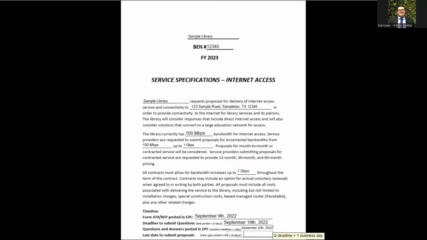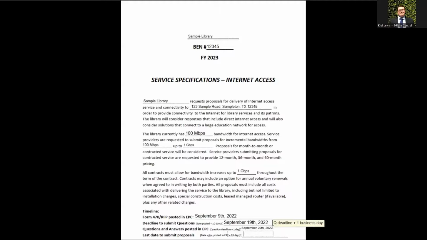E-rate rules dictate that a minimum 28-day period must elapse from the posting of the Form 470. That bidding period must be open for 28 days before any proposals in that 28-day period can be evaluated.